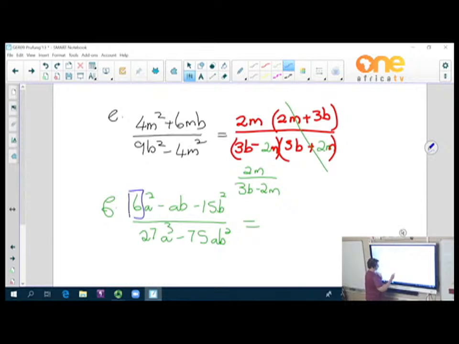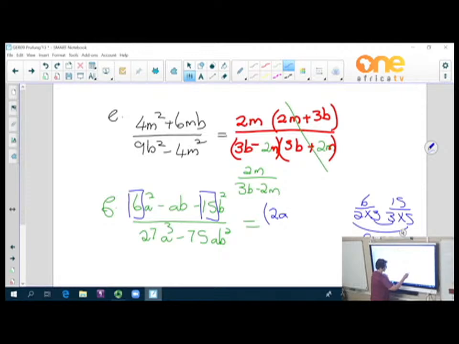I take the factors of 6, which is 2 by 3, and the factors of 15, which is 3 by 5. If I cross multiply them and subtract them, it must give me 1. So this is 9 and this is 10. And if I subtract it, I will get a 1.